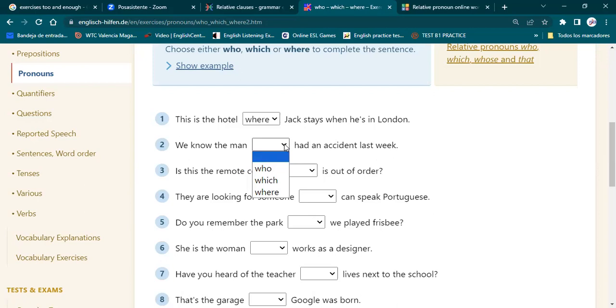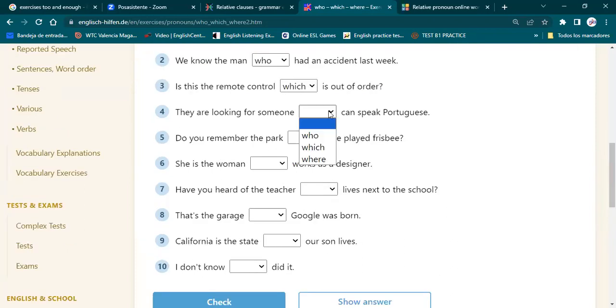Okay, we know the man who. Is this a remote control which? They are looking for someone who can speak Portuguese.